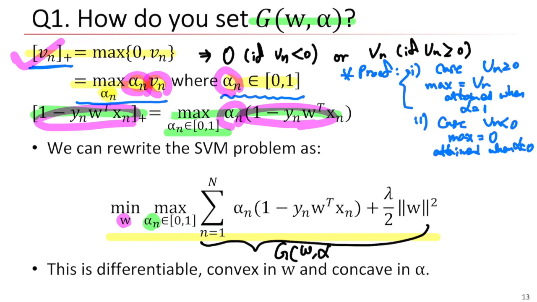Okay, so from now on, we can solve this G of W alpha, and we can exchange or switch this minimization and maximization problem using the duality technique.